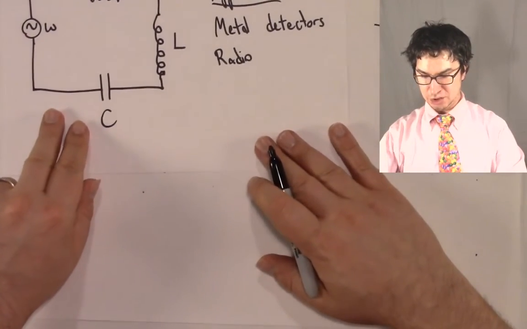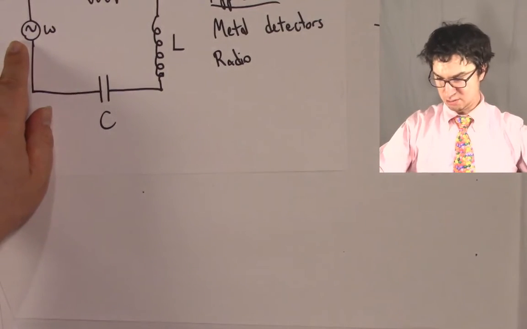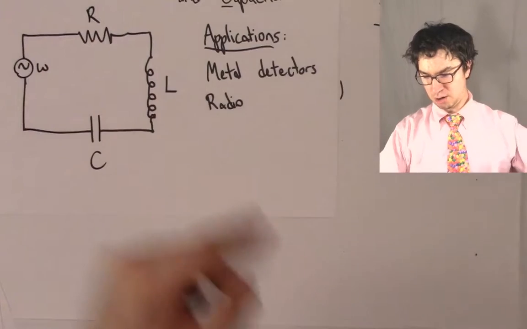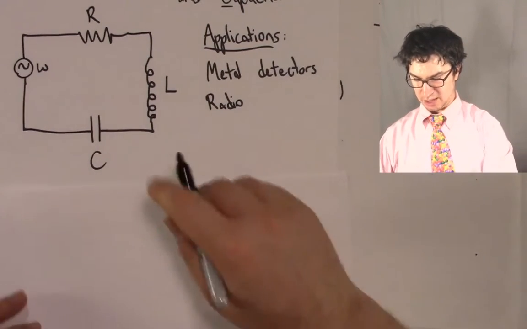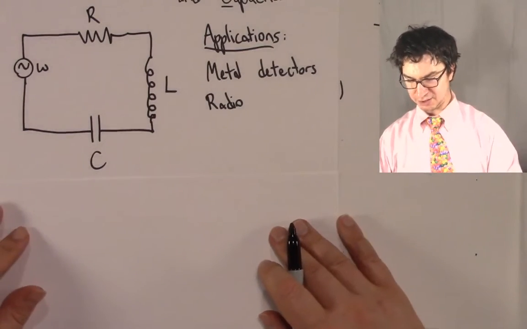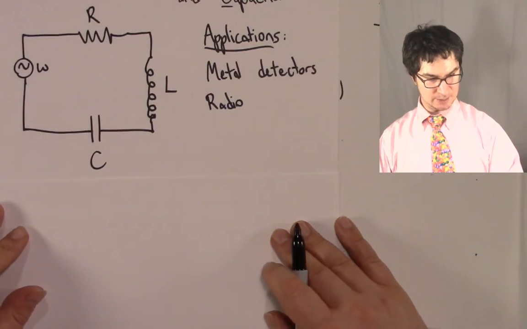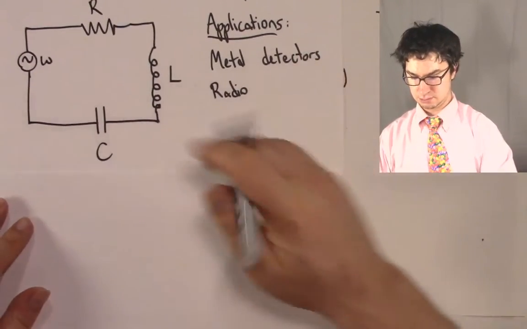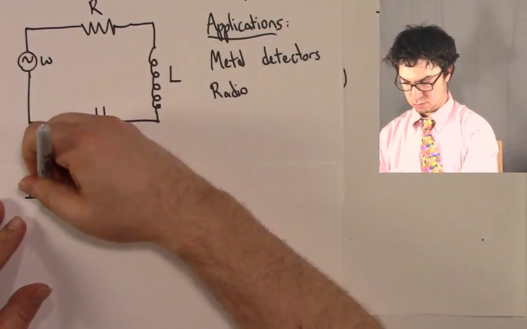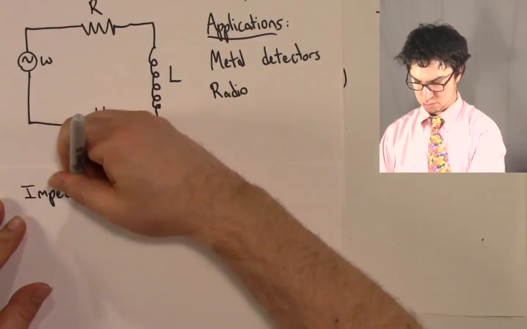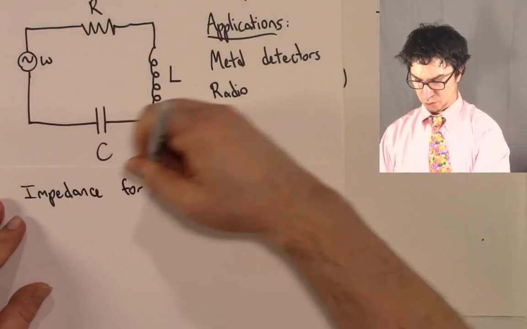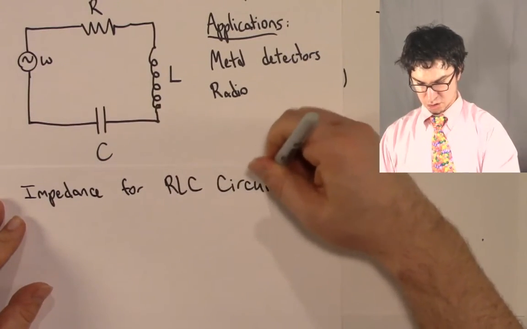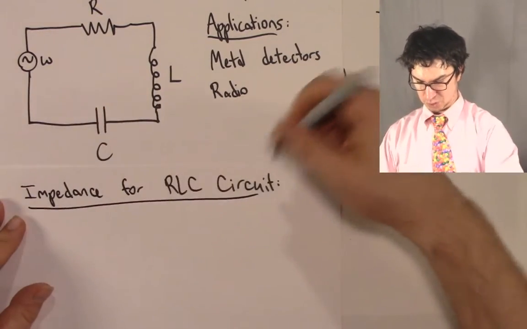Okay? So if we have an omega angular velocity, an R resistance, L for inductance, and C for capacitance, the impedance for an RLC circuit looks like this.